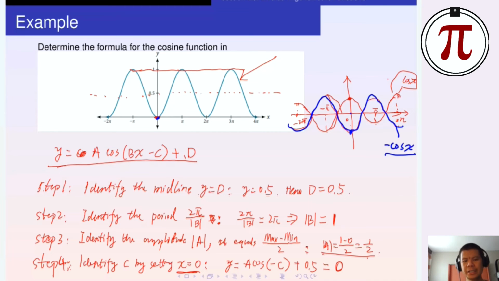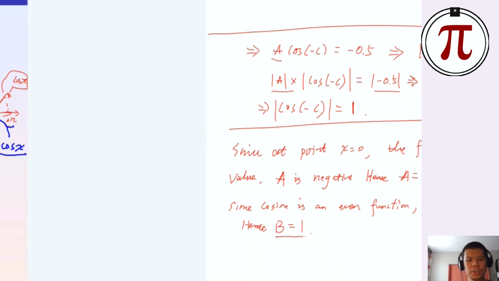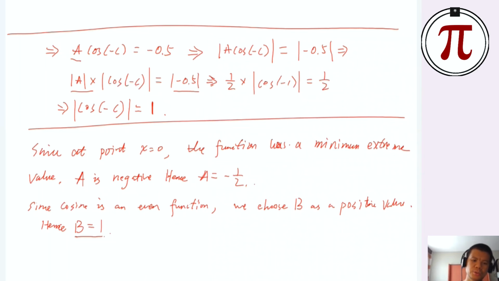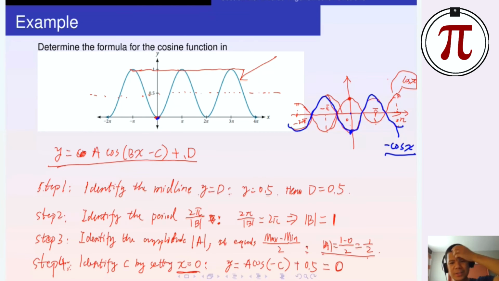What is c? C is the horizontal shift. Now here is the tricky thing. It is a periodic function, so we may choose different values of c, but we will choose the simplest one.